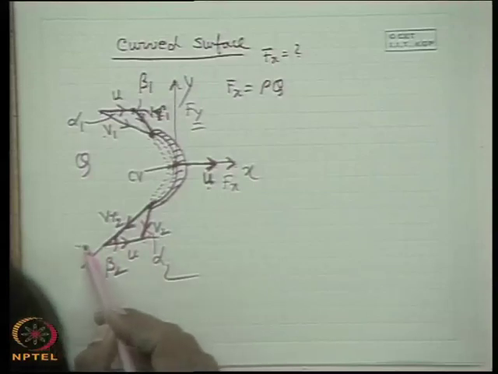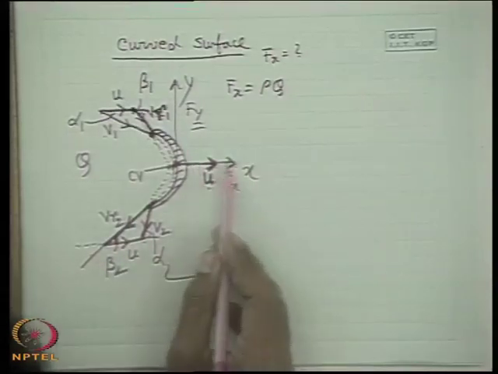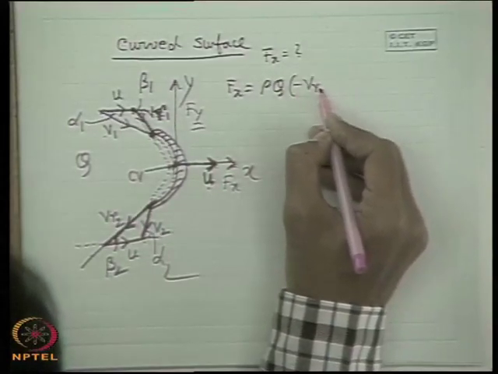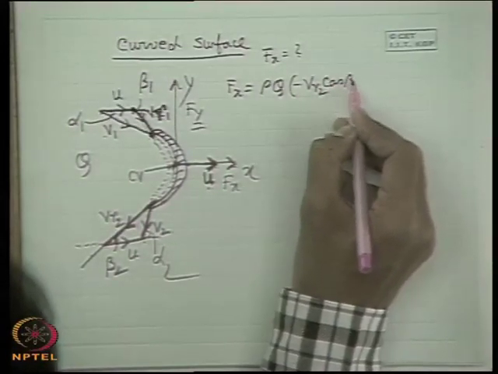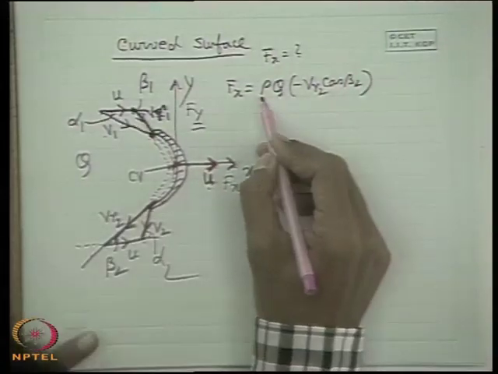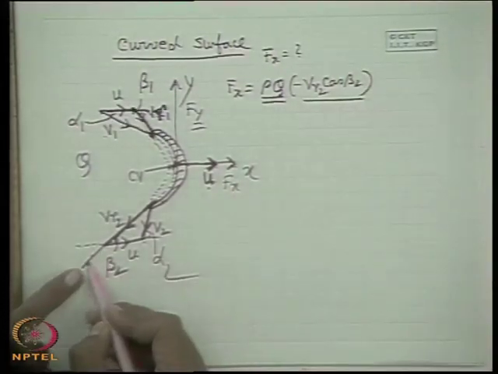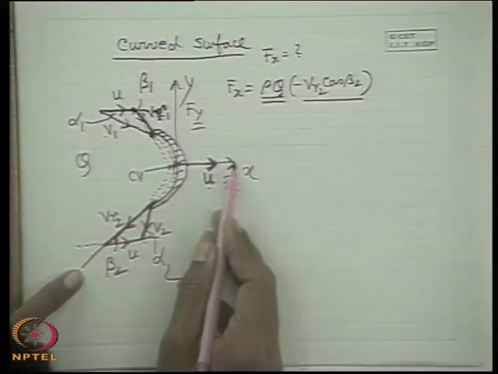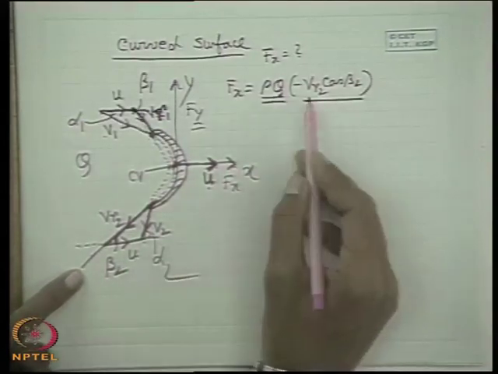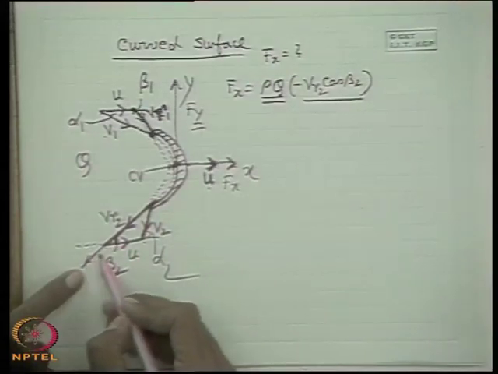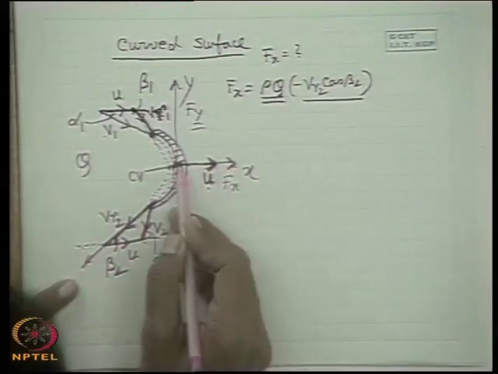So, Vr2 cos beta 2 is in the opposite direction of the positive x direction. So, that will be minus Vr2 cos beta 2. The efflux velocity component in the positive x direction is minus Vr2 cos beta 2, because the component is in the opposite direction.